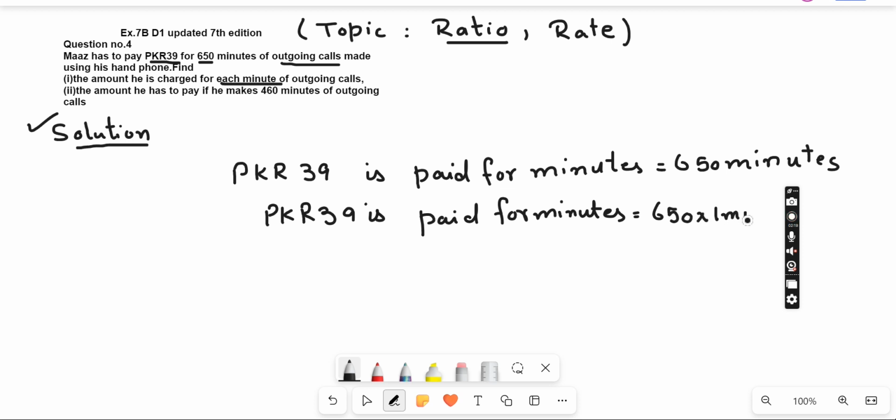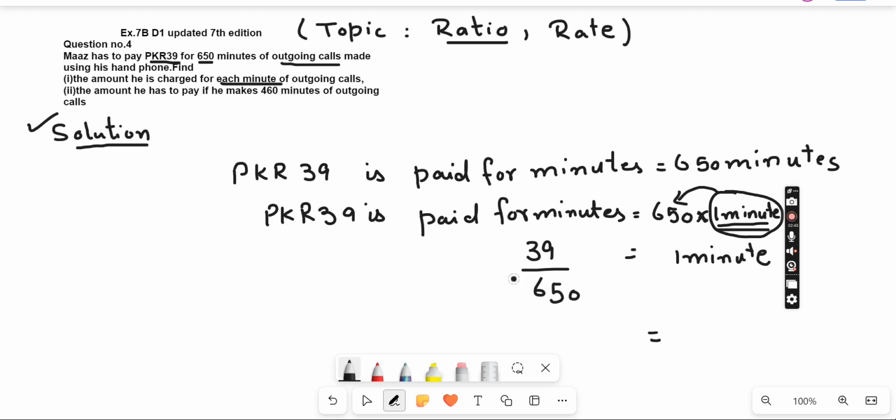So for the beginner this would be the best solution of the question. When we have to separate 1 minute from here, we'll use basic rules of algebra. We'll separate this 1 minute, and whatever number is multiplied with it will be divided on the other side. So in 1 minute he'll be paying this much.